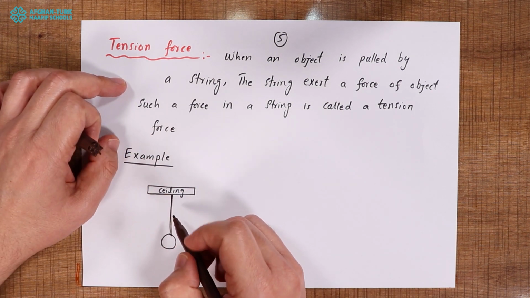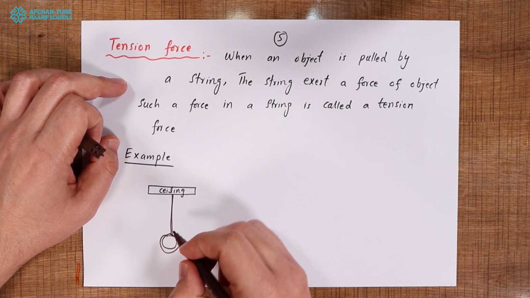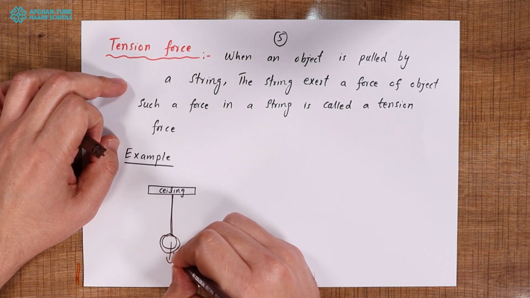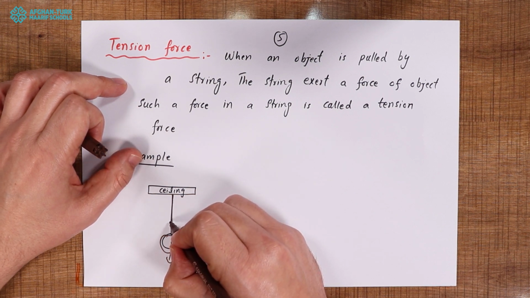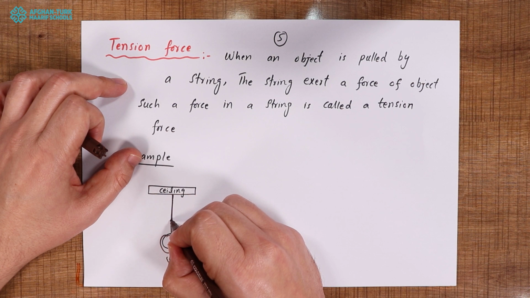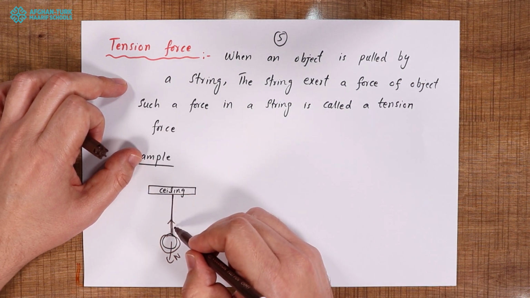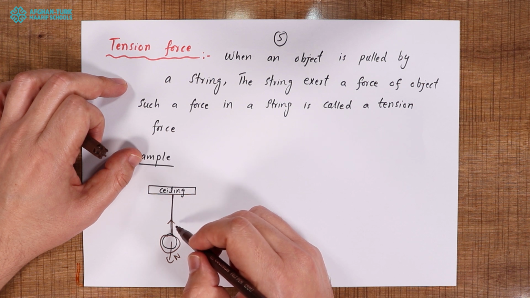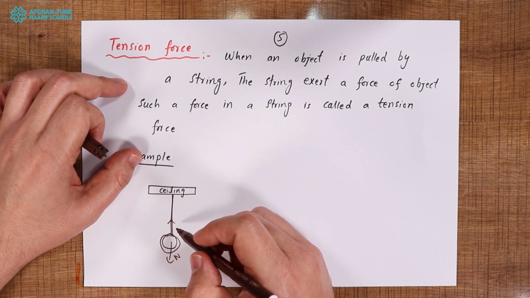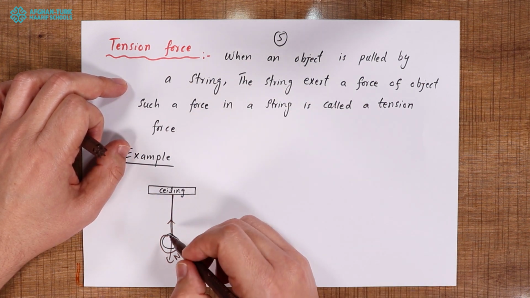If we hang this ball, or let's suppose this is a lamp, the lamp applies a downward force, which is weight, and the rope that is holding the lamp produces another force. This is called tension force. All types of chain forces, spring forces, and rope forces are called tension forces.